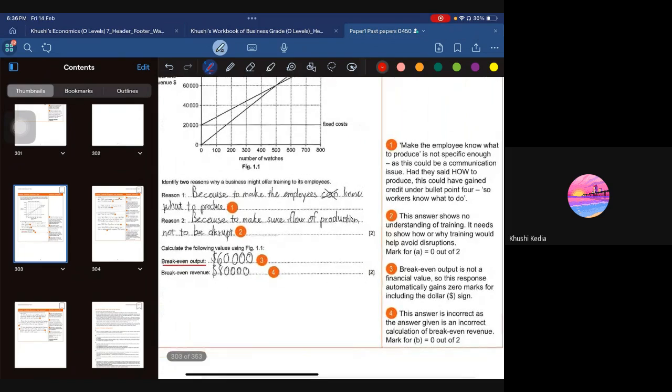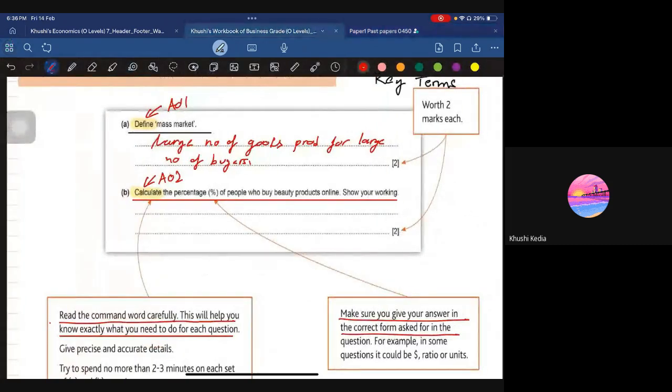Break-even output is not a financial value, so this response automatically gains 0 marks for including the dollar sign. Even if he had written $500, would he be given the mark? No, sir, because 500 is the output, in units. Just for doing that, he is giving you zero. Right? Yes, sir.